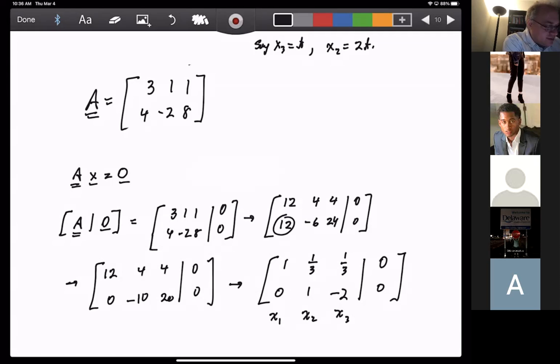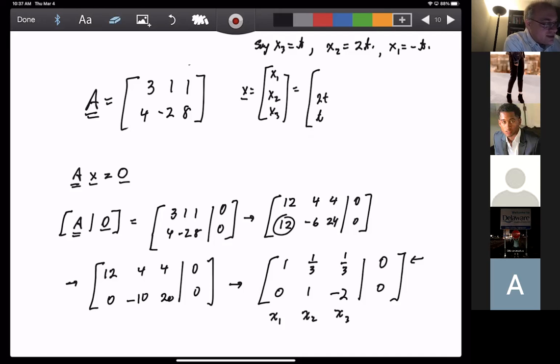And then from the first row, we have x1 plus 1/3 x2, so x1 plus 2/3 t plus 1/3 x3, so plus 1/3 t. 2/3 plus 1/3 is 1. So x1 is equal to minus t. So x equals: x3 was t, x2 was 2t, x1 is minus t.